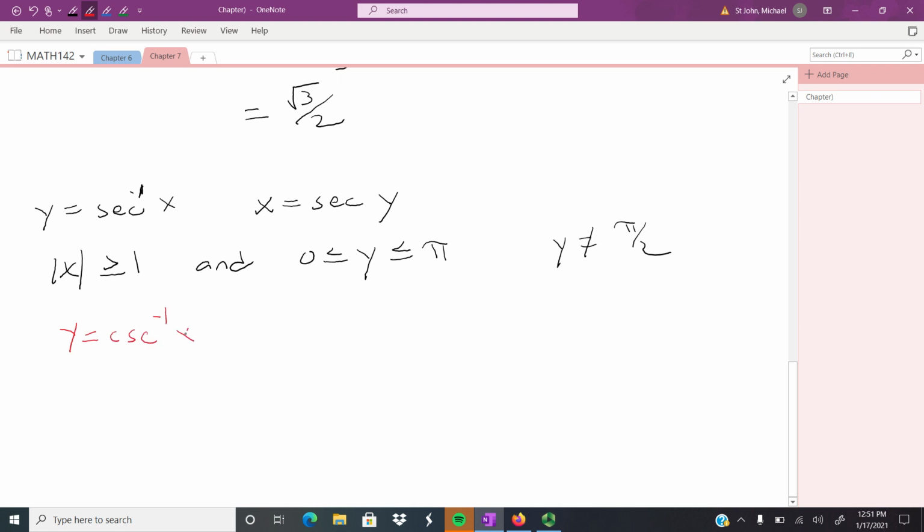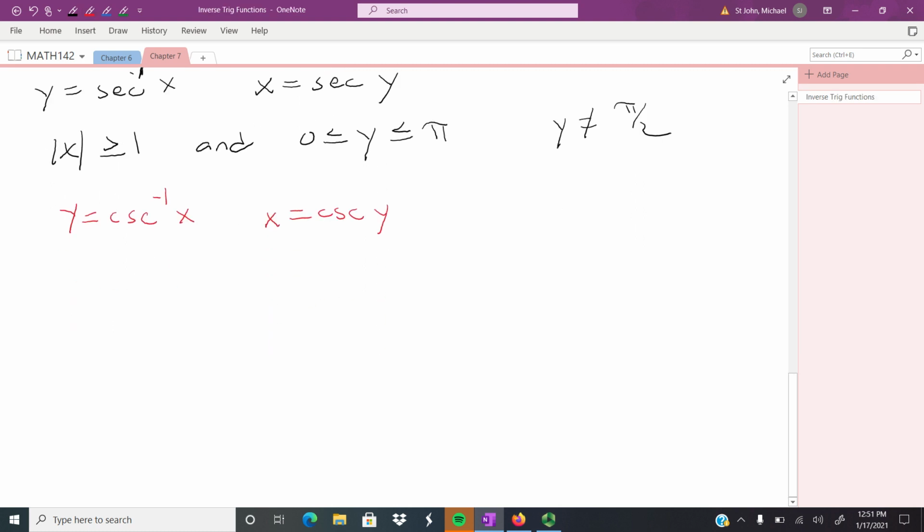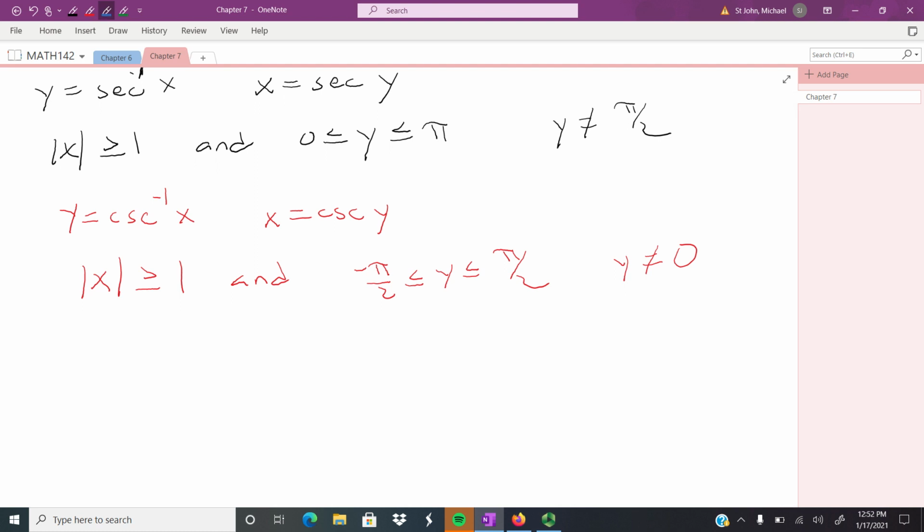So inverse cosecant x. So x equals cosecant y. And again, my values here are going to be absolute value greater than or equal to 1. And we're now on the interval from -π/2 to pi/2. And now this time, y cannot equal 0. And then lastly, cotangent.